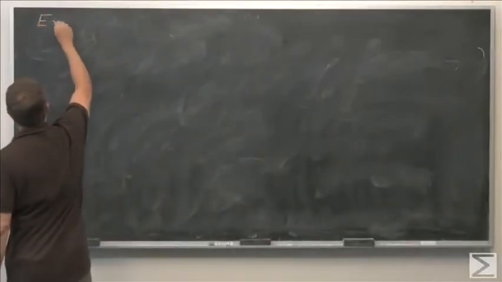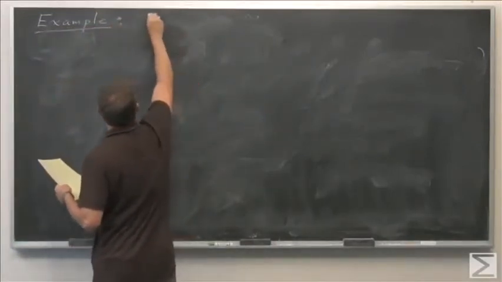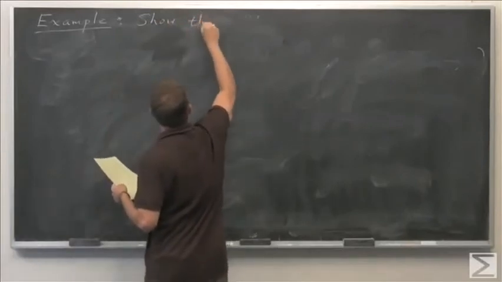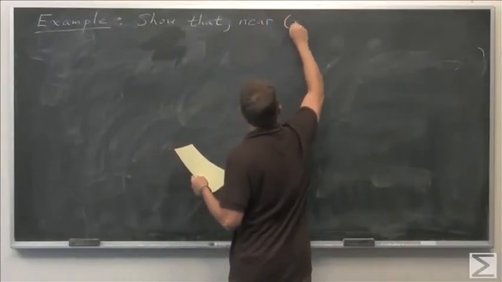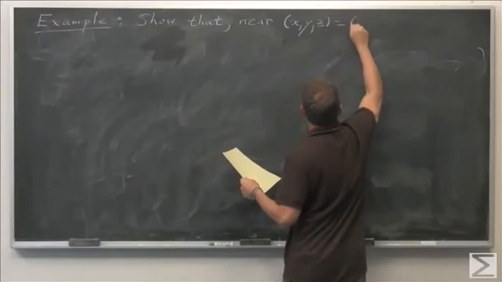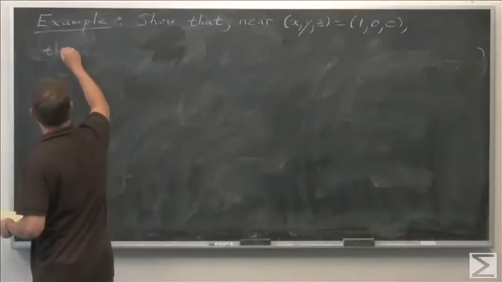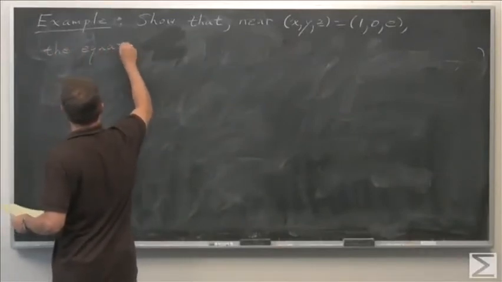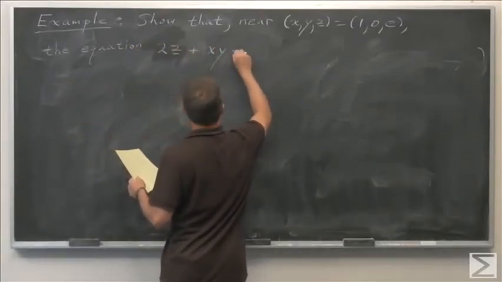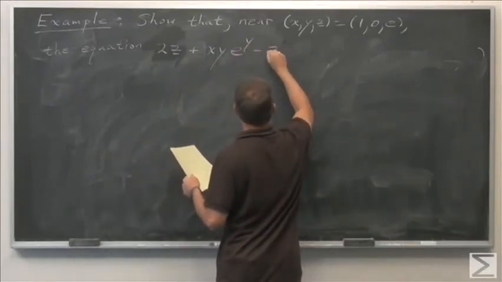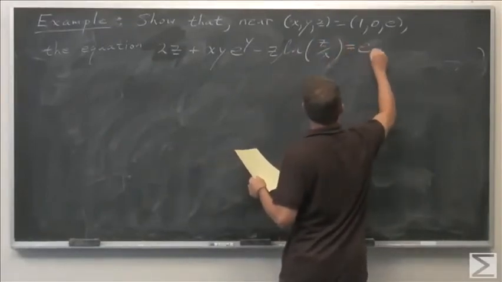So, example. Show that near xyz equals 1, 0, e, the equation 2z plus xy e to the y minus z ln, natural log of z over x, equals e.